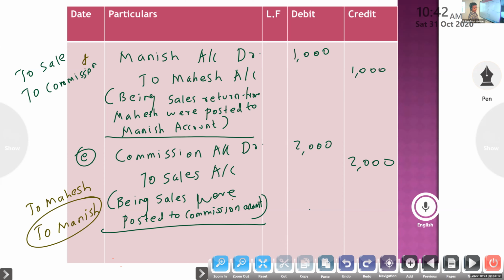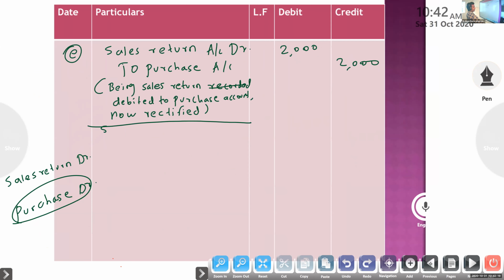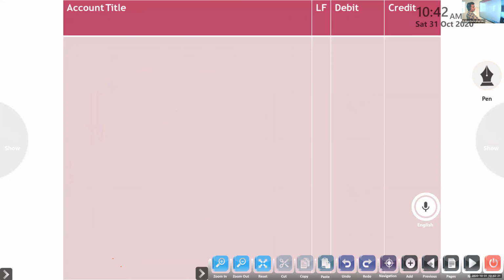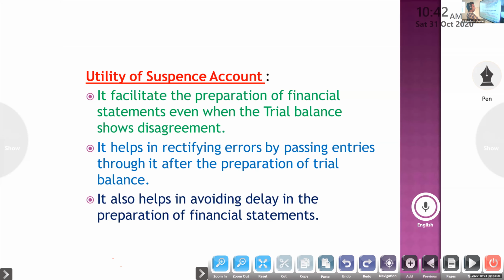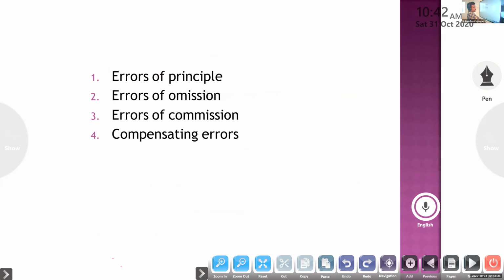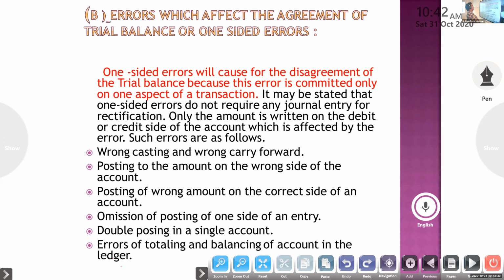Now we will study some one-sided errors. The sixth question is related to one-sided errors. These are errors which affect the agreement of the trial balance.